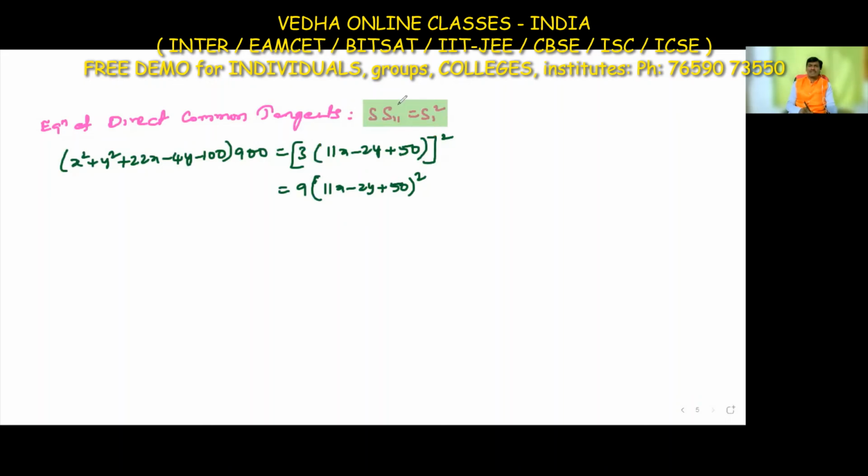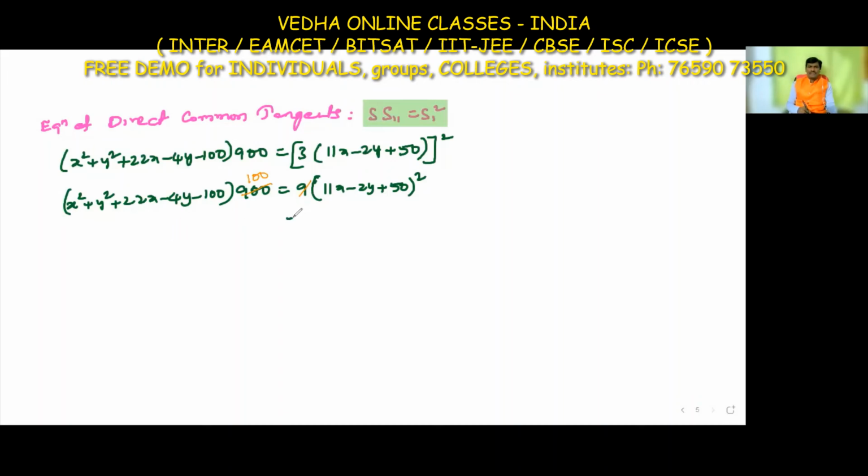Further, the left side function is x square plus y square plus 22x minus 4y minus 100 into 900. So 9 ones are 9, 900 times.